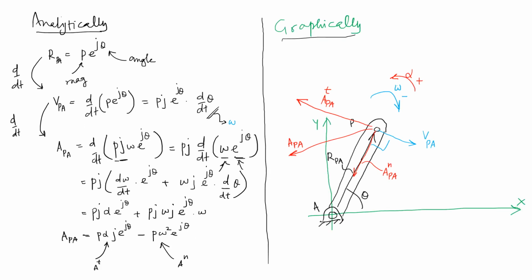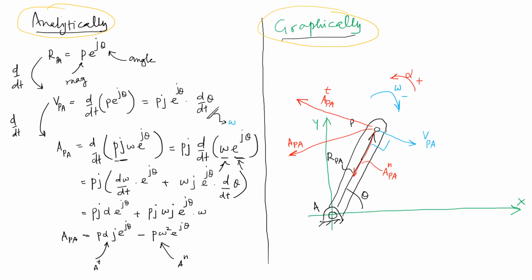So over here you can see the windows side by side, the analytical approach and the graphical approach. And you can obviously make analogies between what is being graphically shown over here with what we have derived in terms of expressions over here.